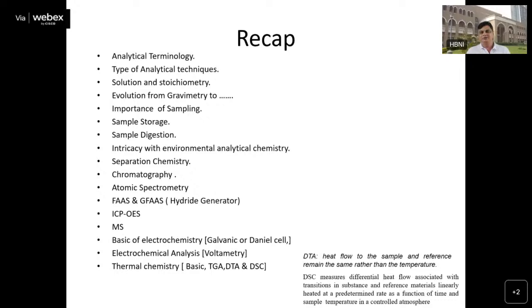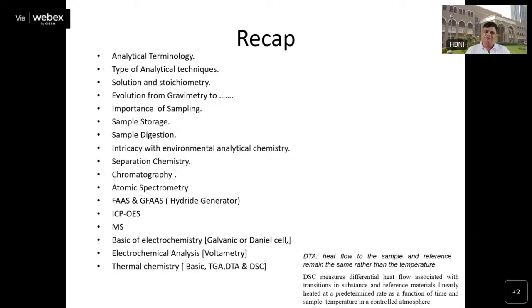So that is termed a thermometric titration. I think we discussed three examples: HCl with NaOH, then calcium and magnesium determination by EDTA, and determination of boric acid concentration by using sodium hydroxide. So this is what we have done so far.